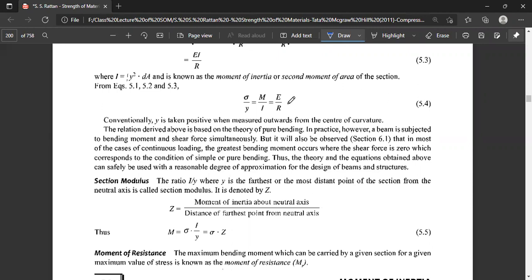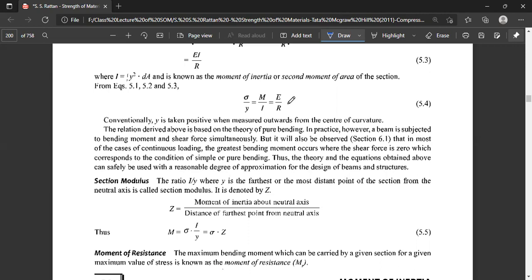I is the moment of inertia, E is the Young's modulus, and R is the radius of bending of the concerned beam under bending with negligible shear stress.